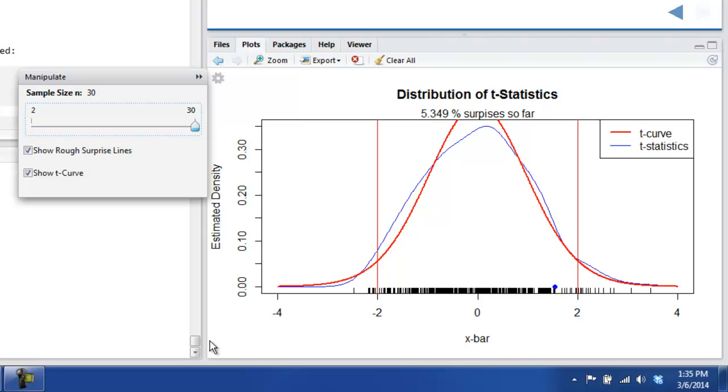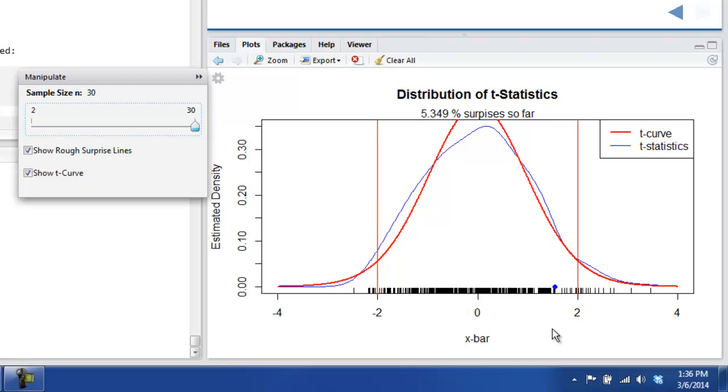Also notice the percentage of times that we got surprisingly large or surprisingly small values of the t-statistic. Here we got a t-statistic above 2. Here we got a t-statistic below -2. Notice that this time there are surprises on either side. And notice also the percent of surprises, 5.349%, is a lot closer to what you might expect if you were working with something that's normally distributed.